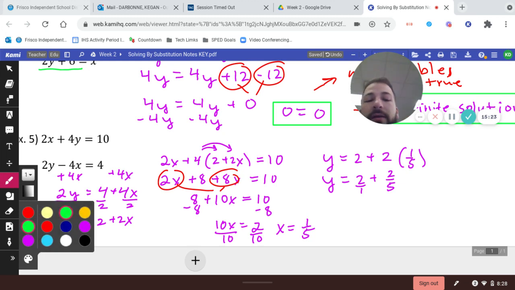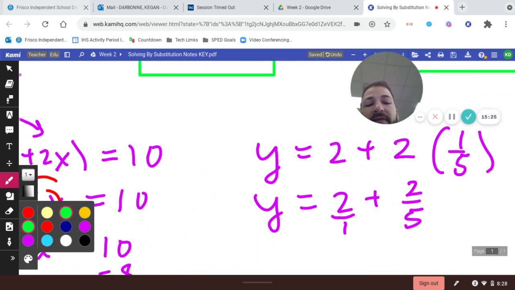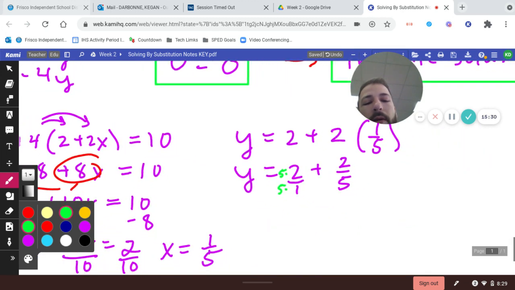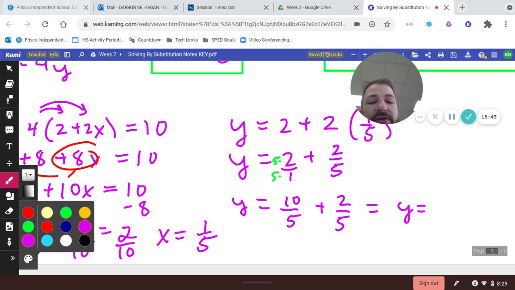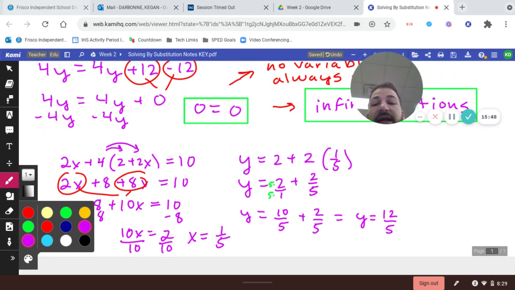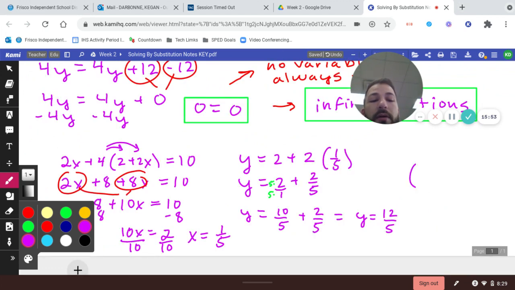So I can multiply 2 over 1 by 5 over 5. So 2 times 5 is 10, and 5 times 1 is 5. So 10/5 plus 2/5, which gives us y is equal to 12/5. So for our final answer on number 5, we have 1/5, comma, 12/5.